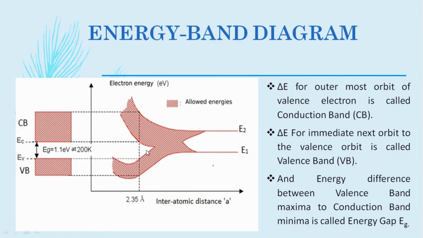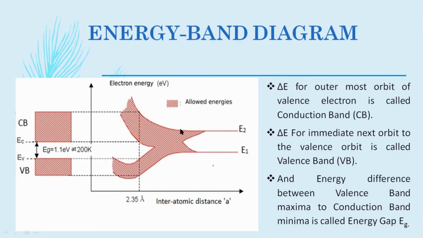In between this conduction band and valence band, you have some unallowed energy state. This is called the energy gap. If you consider silicon, it is 1.1 electron volt at 300 Kelvin of temperature.